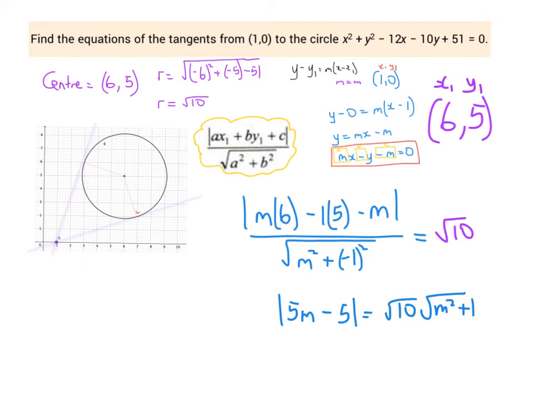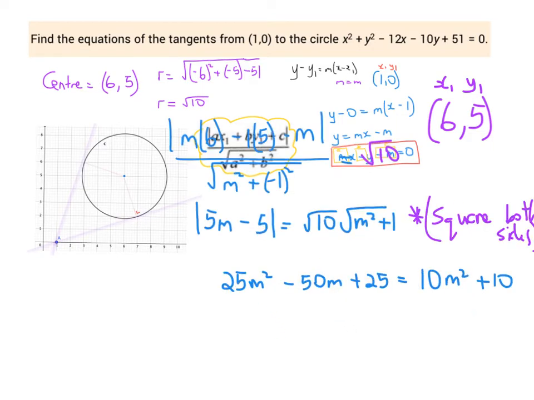And so just to tidy this up, make it easier for ourselves, get rid of the absolute value signs, we are going to square both sides. So when we square both sides, that gives us 5 5s, so 25m squared minus 50m plus 25 is equal to 10m squared plus 10. And so tidying that up, that's going to give us 15m squared minus 50m plus 15 equal to 0.